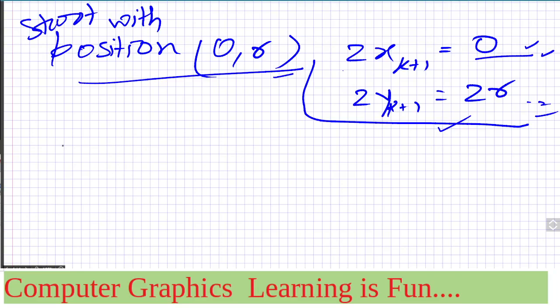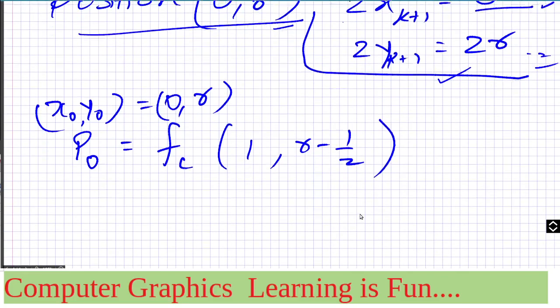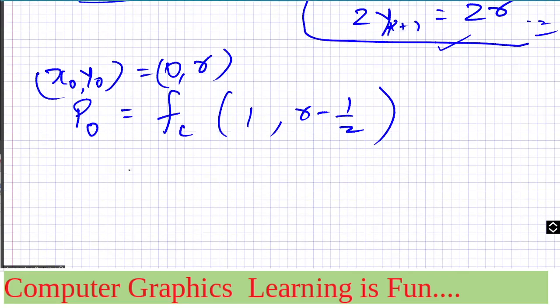Suppose the starting point was x naught y naught, which is 0 comma r. So for this you are trying to find out P0. What will be P0? The function of, suppose, 0 plus 1, right? So 1 and r minus half. So r minus half, let me write it like this, and if you will calculate it, what will you get?